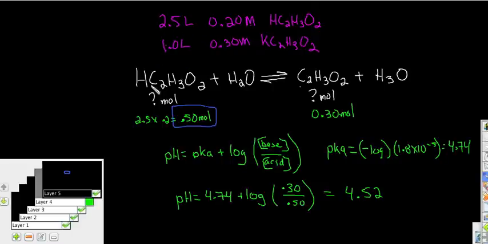The amount of the acetic acid put in right here is 2.5 liters times 0.2, and so that's going to give us a total of 0.50 moles. And then over here we have 0.30 moles of the acetate ion, right? And so let's go ahead and just plug in our numbers. So what about pKa?